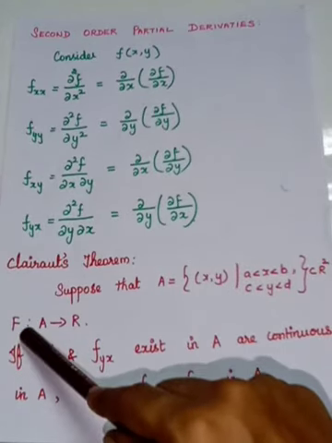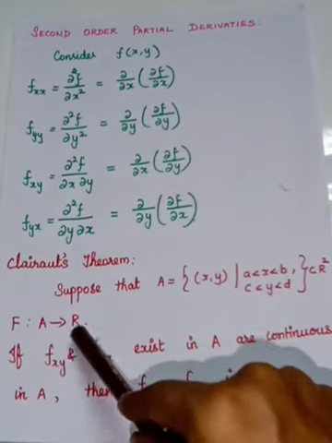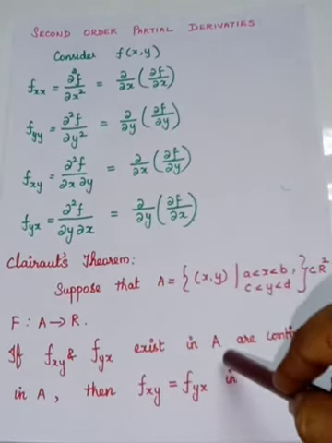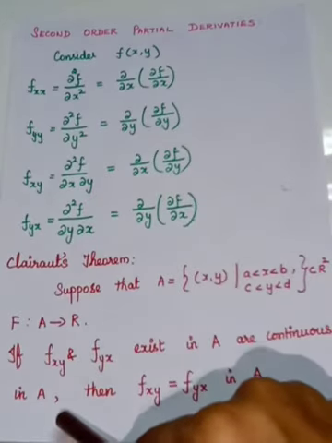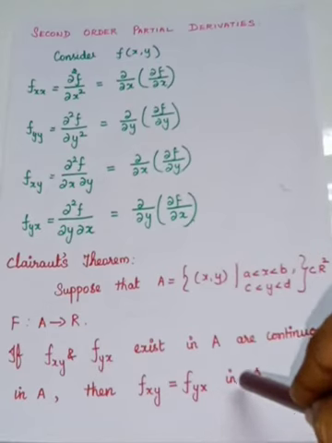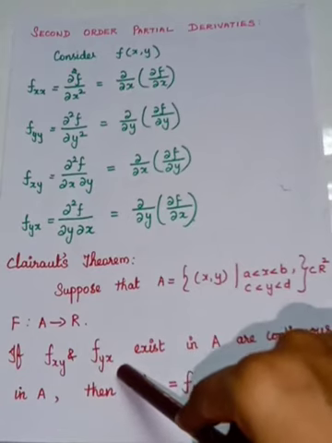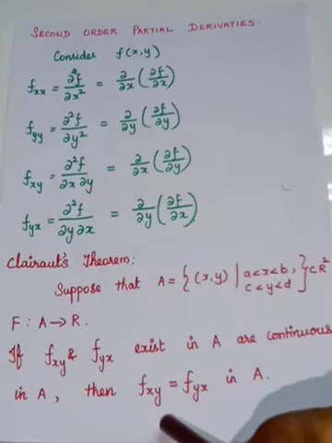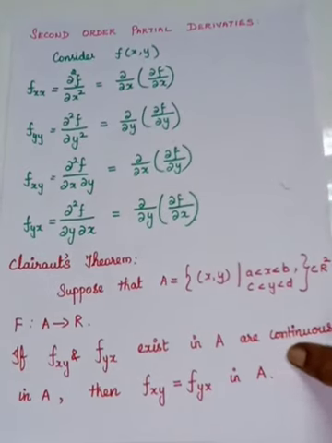And your function f is a function from A to R. If fxy and fyx exist in A and are continuous in A, then definitely fxy is equal to fyx in A. These two second order partial derivatives exist and they are continuous in this set, so they are equal. fxy is equal to fyx in A.